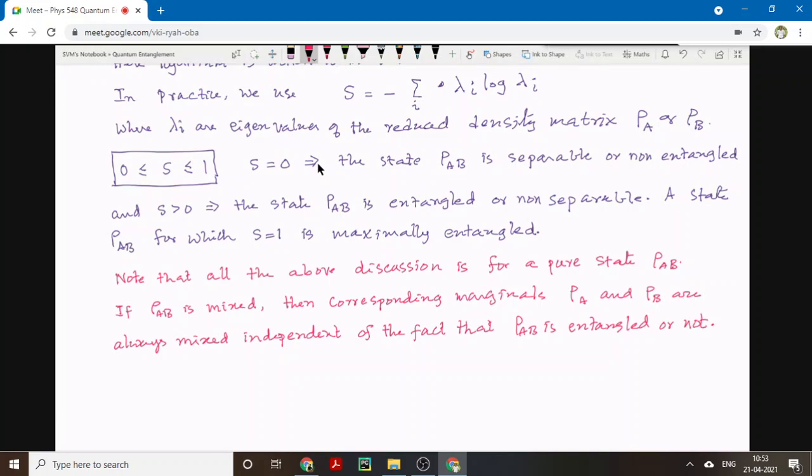So we cannot use this marginals becoming mixed as a criterion to decide the entanglement of Rho AB. So it will not work. This criterion will not work for the mixed state.